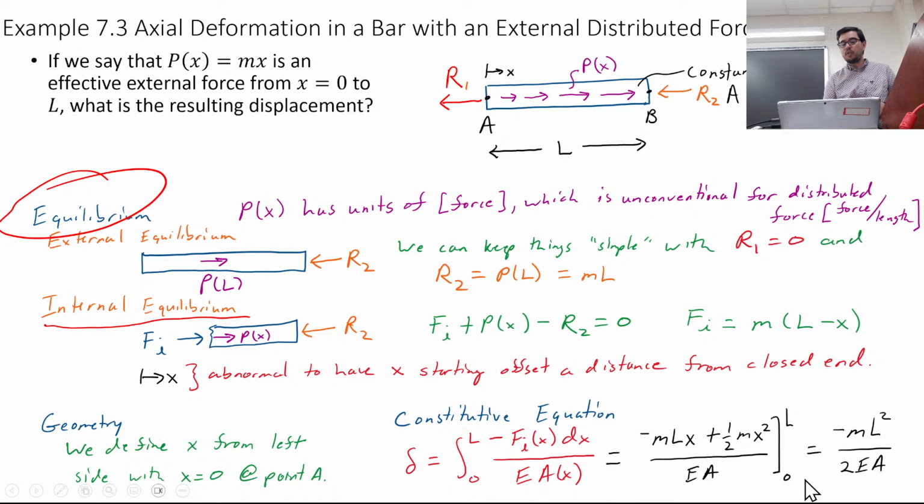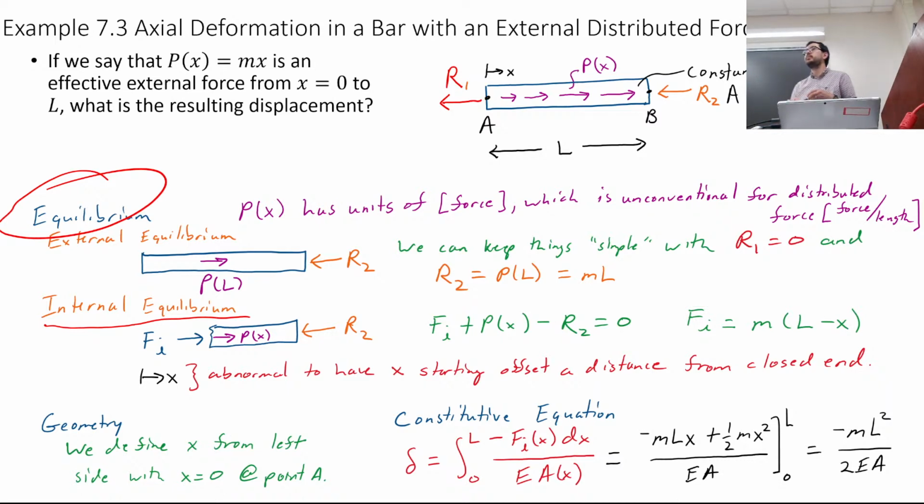The displacement of this bar, with a given length, is going to be given by minus ML squared over 2EA. It's a little bit, this example may be a little confusing. We're going to do another example, which is a little bit more classical in nature, in a second. Any other questions on this?